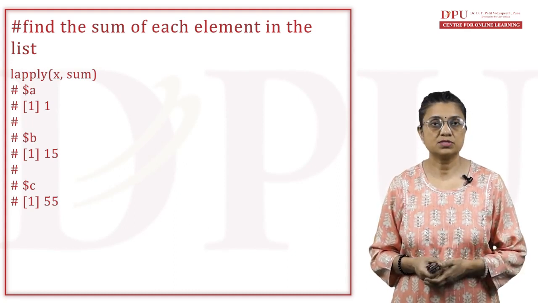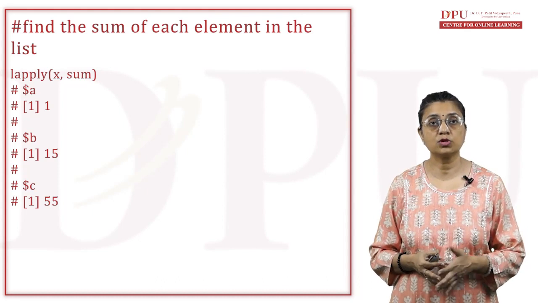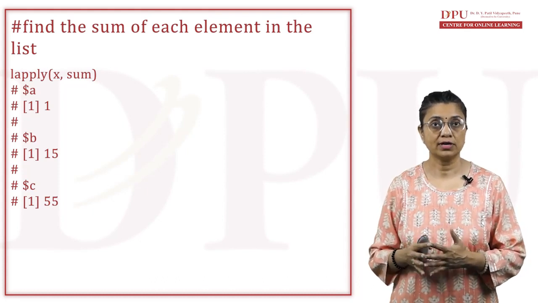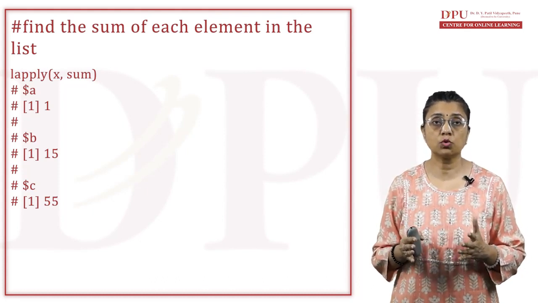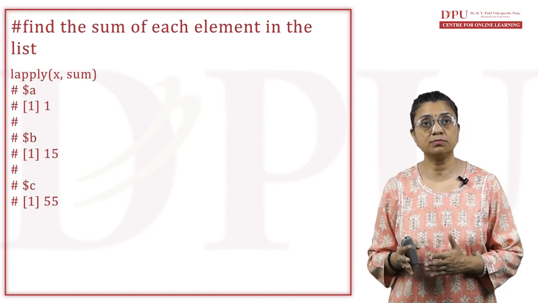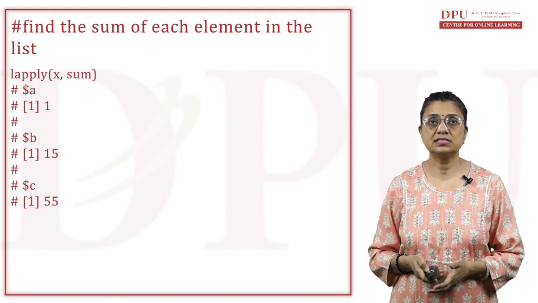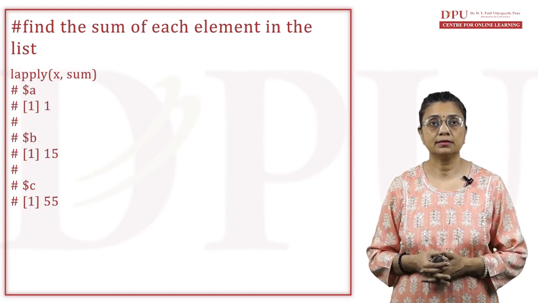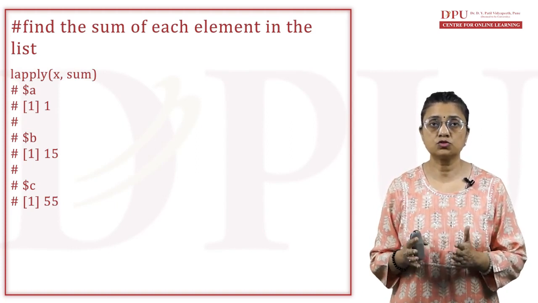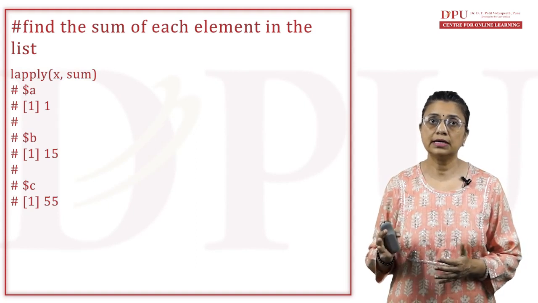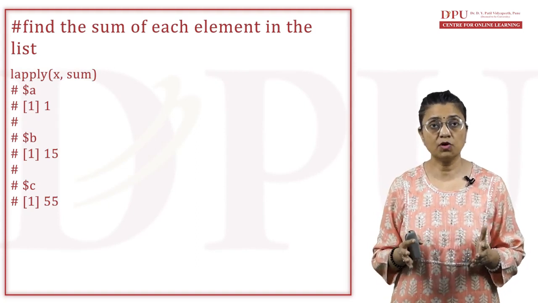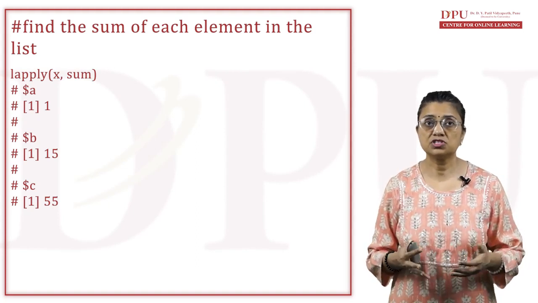The sum of B is 15 because the value of B was 1, 2, 3, 4, 5, which is the total of 1 plus 2 plus 3 plus 4 plus 5. And likewise C was 1 till 10, which is the sum of the first 10 natural numbers, which is 55.